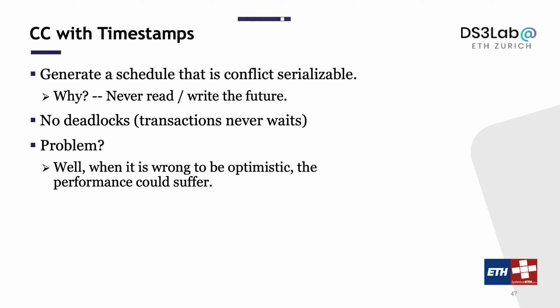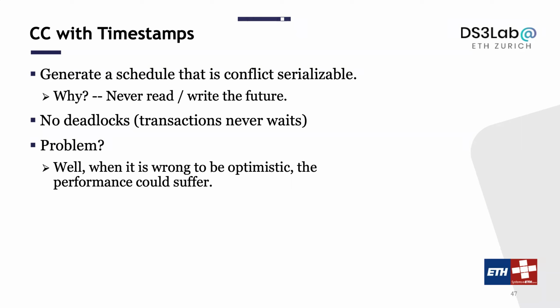First one, if you are optimistic when you shouldn't be, right? So the performance could suffer. If all those transactions have conflicts with each other all the time, but you are optimistic for some reason, you believe there's no conflict, you believe the conflict is very rare, but in practice, conflict happens all the time.